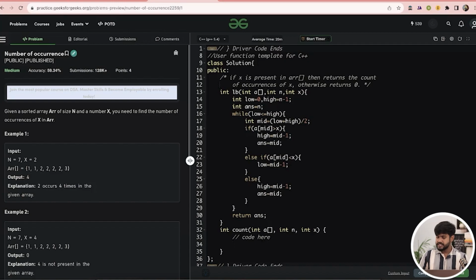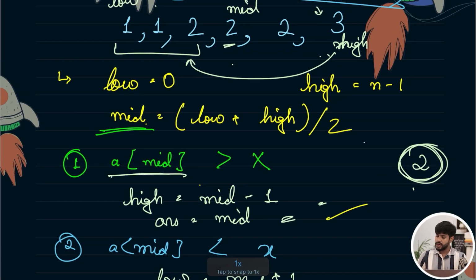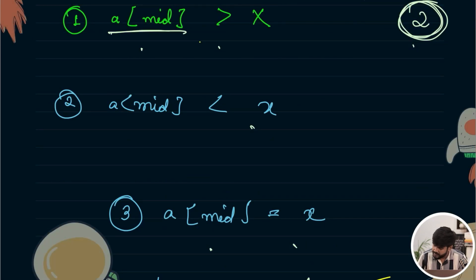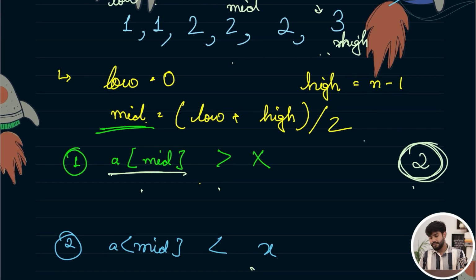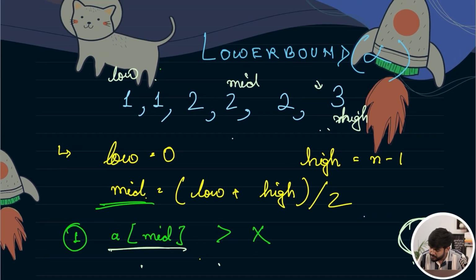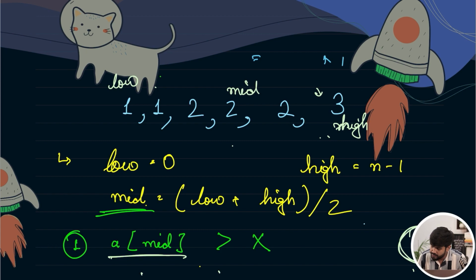Now let us quickly see the conditions for the upper bound also. Let's say we found a value which is greater, and upper bound was what? So this is now upper bound. Let me just remove this. Let's say we want upper bound of 2.